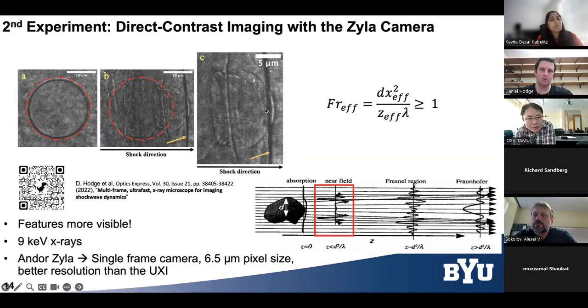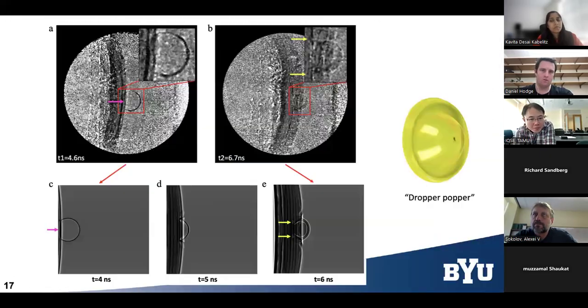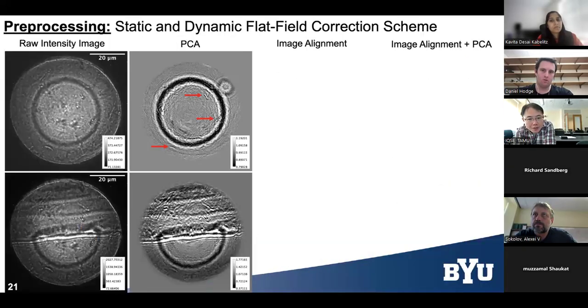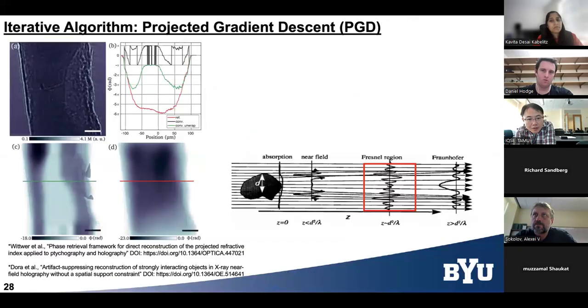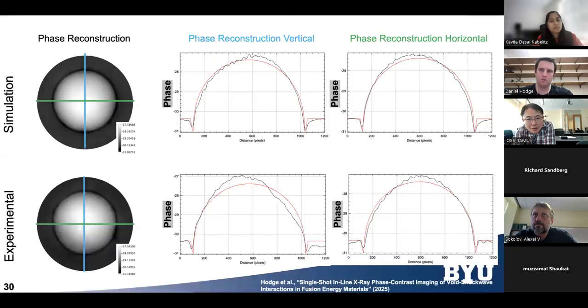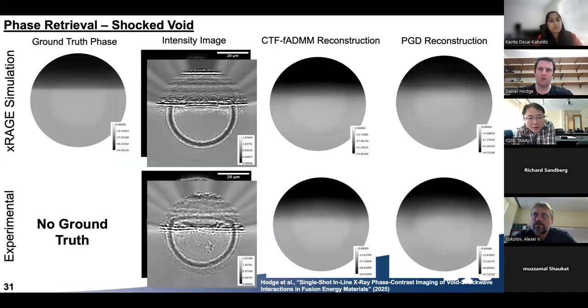In your retrieved features, like in the intensity image, along the edge, there are these fringes. Oh yes, I didn't have time to talk about that.